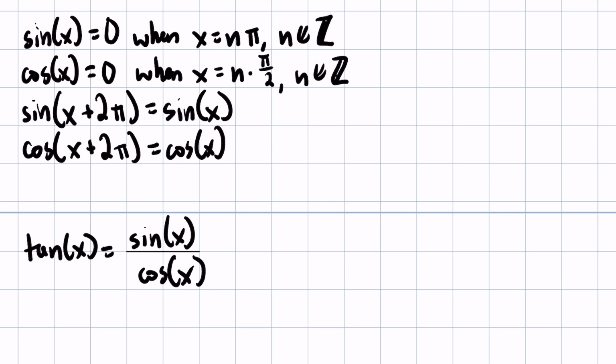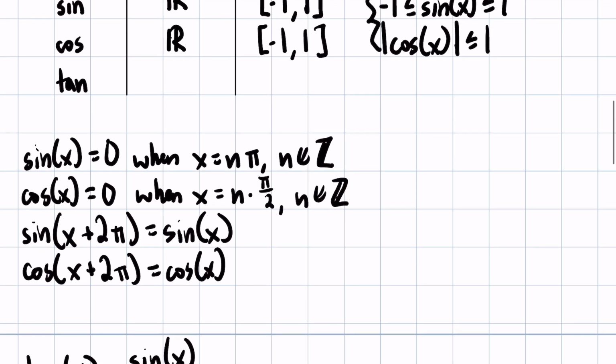So in order for tangent to be defined, cosine can't be 0. We know that cosine is 0 whenever x is an integer multiple of pi over 2. So the domain of tangent is going to be everywhere that x is not equal to plus or minus pi over 2, plus or minus 3 pi over 2, and so on.